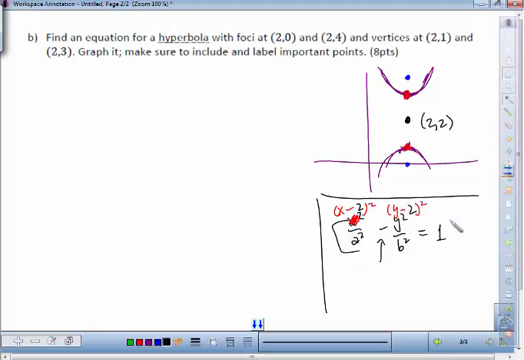So this is just a generic hyperbola, and with all the shifting and all the different changes in the a's and the b's, and then whether it's going up, down, or side to side, you have to be able to adjust. Maybe we can make comments about that. Up, down means that the x is negative.